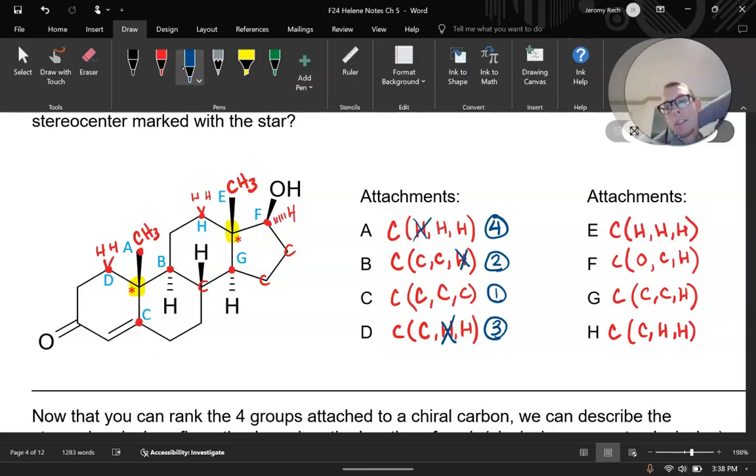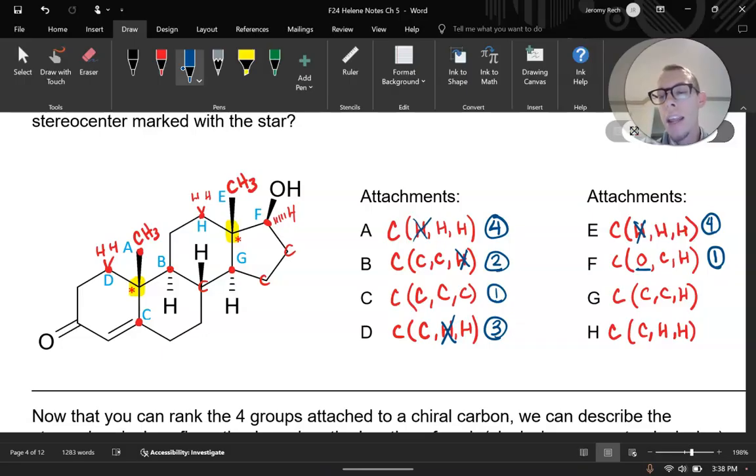So in this case, I see all of them are directly a carbon on the very first one, so we tie. So I'm going to look at the second one, which is the first one in the parentheses. I have a hydrogen, an oxygen, and 2 carbons. So right off the bat, I know that the oxygen is going to be my highest priority because oxygen is going to win out. That's going to be the largest in terms of atomic number. And then my hydrogen is going to be last, in terms of fourth.